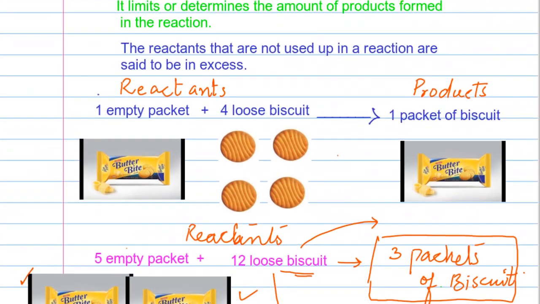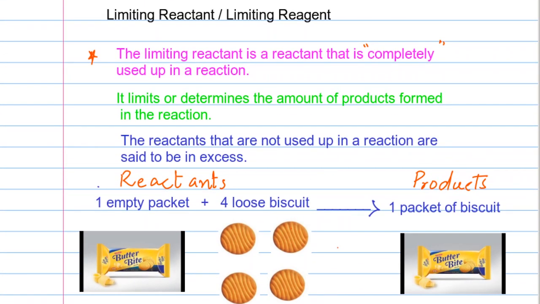Now just have a look at the definition again. What basically is a limiting reactant? The limiting reactant is a reactant that is completely used up in a reaction. So loose biscuits are the limiting reactant because they are completely utilized in the reaction. It limits or determines the amount of products, right? It will determine how much product will be formed. If we know the number of biscuits, we know how many packets of biscuits will be prepared.